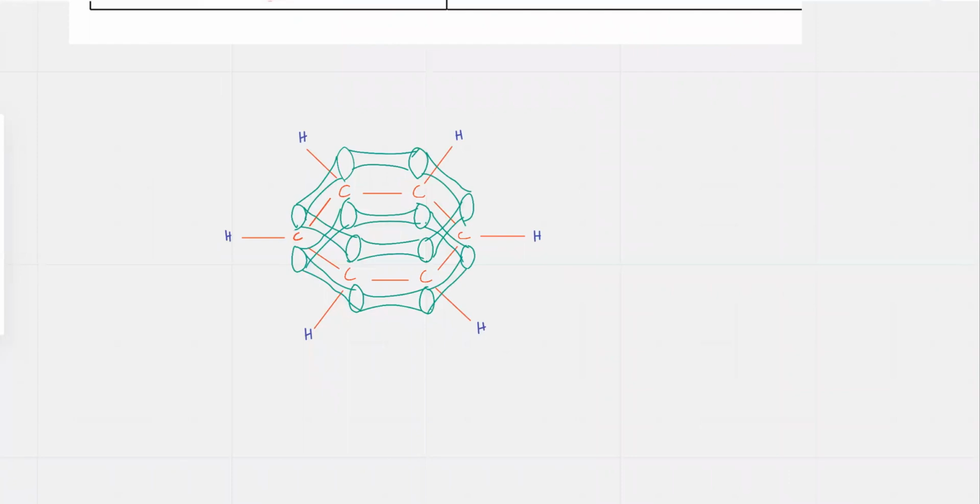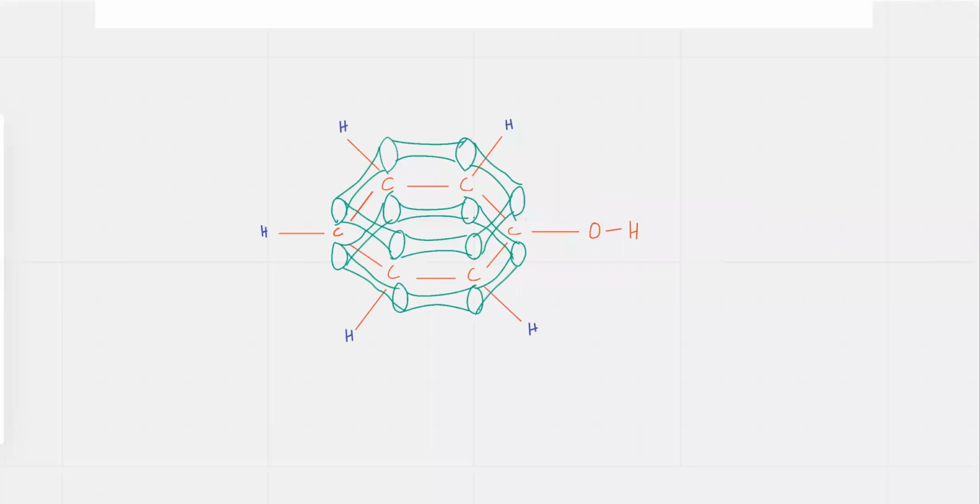Instead of an H, I've got an O that's bonded to an H. The thing with the OH group is that it has lone pairs, and these lone pairs tend to overlap with the benzene electron cloud, because remember, oxygen is a very small atom, so the electrons want to be distributed. They start overlapping with the benzene electron cloud.